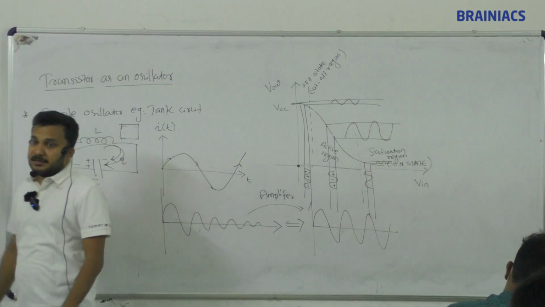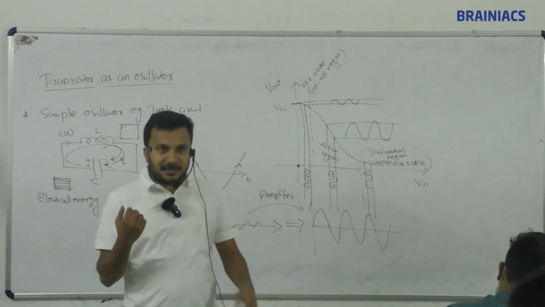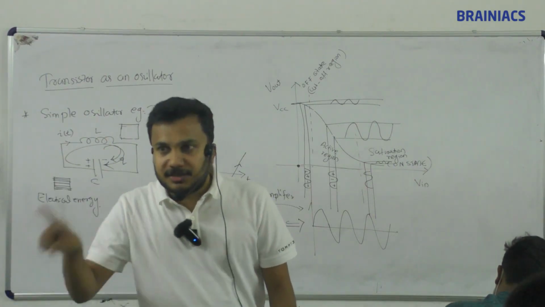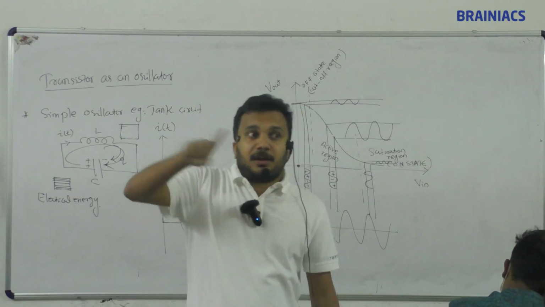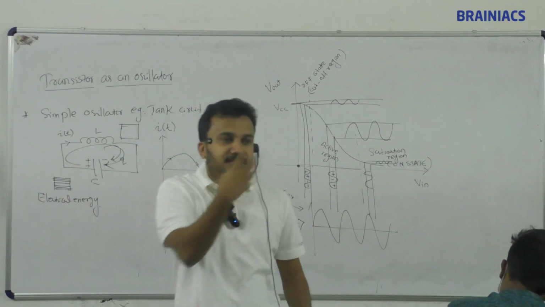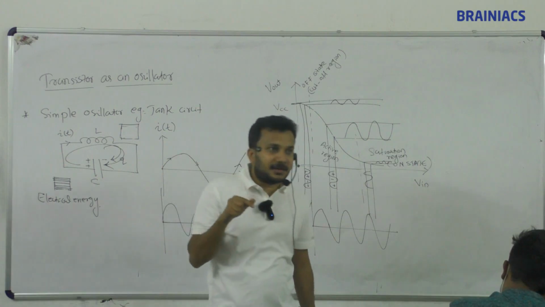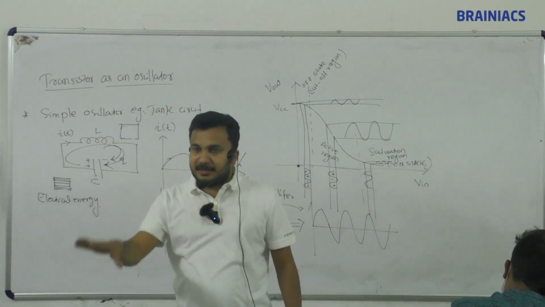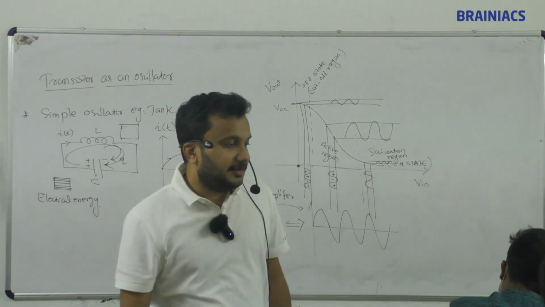Charging phase means what? It is storing the charges, right? So it's storing the charges. The charges are not allowed to rotate in the circuit. It is just eating the charges. So what will happen? The current I of t decreases.